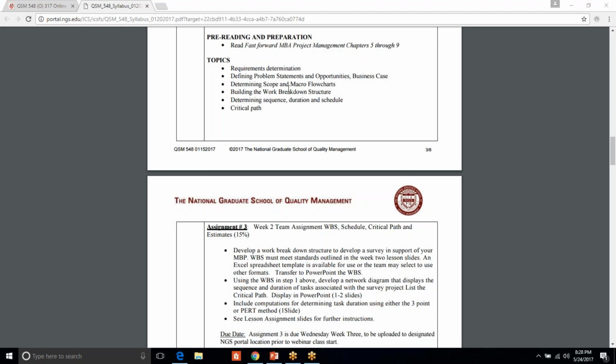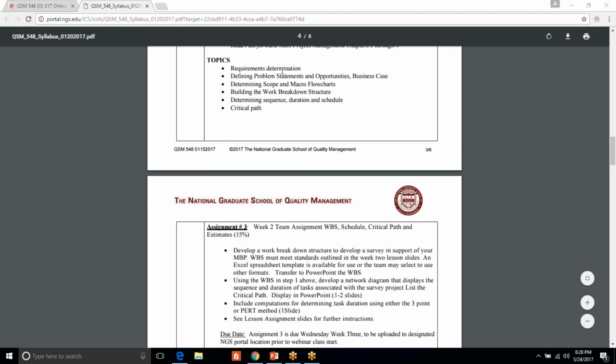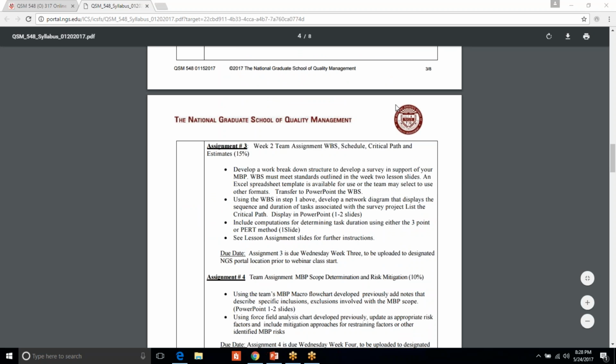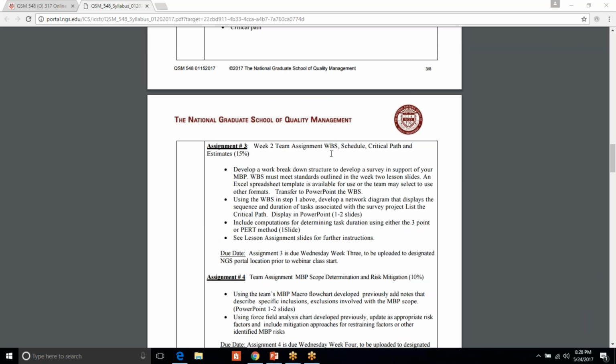And of course there are assignments. Assignment 3 is again a team assignment, and the team assignment is to develop a work breakdown structure, to develop a survey in support of your master's business project. This work breakdown structure must meet the standards outlined in next week's slides.